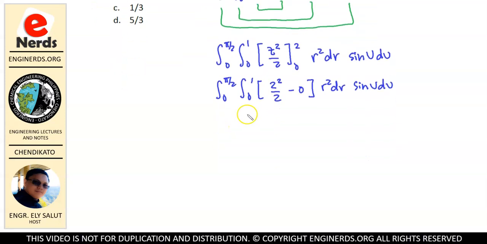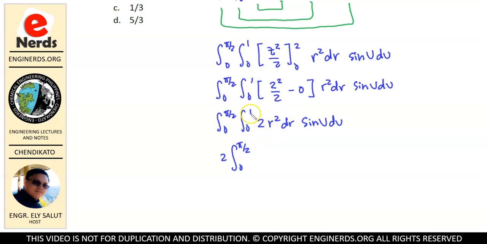So, we know we have 2 squared, which is 4 divided by 2. So, we have 2. So, 2 r squared dr sine u du. Okay? So, we're going to perform yung second natin. So, alisin na natin itong ating constant, no? We can take it out. So, we have 2, 0 to pi over 2.